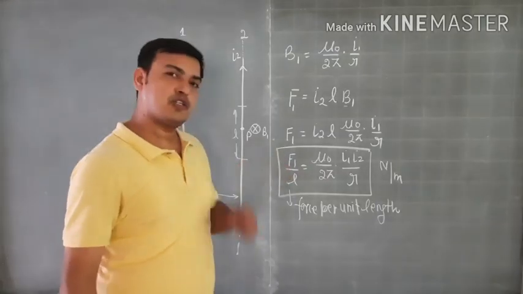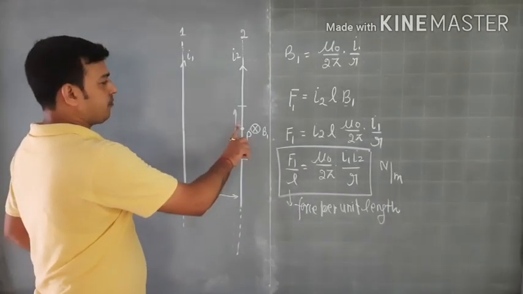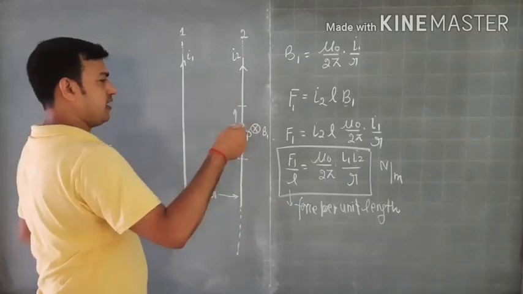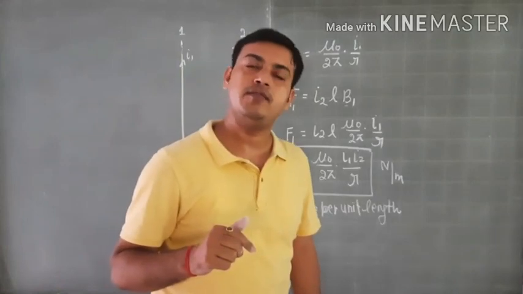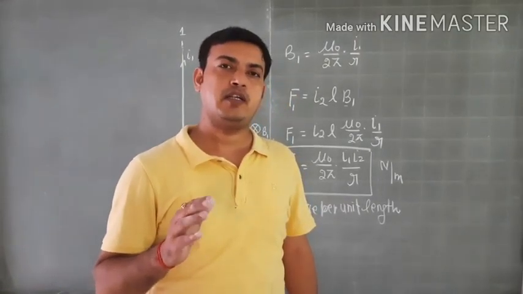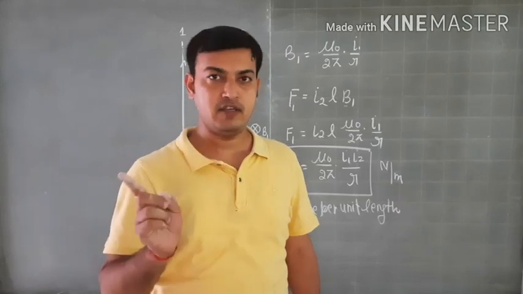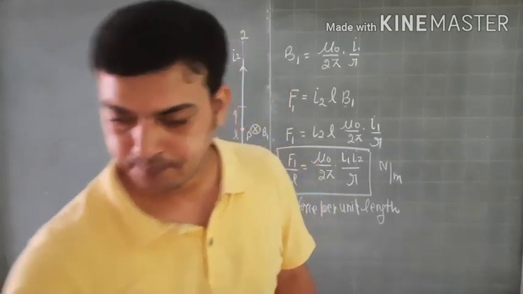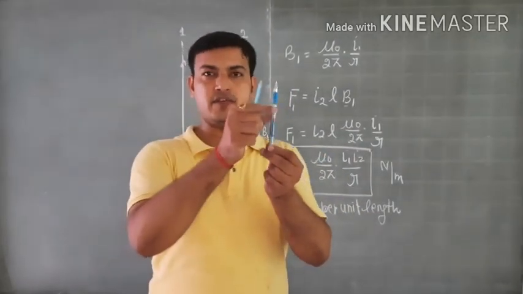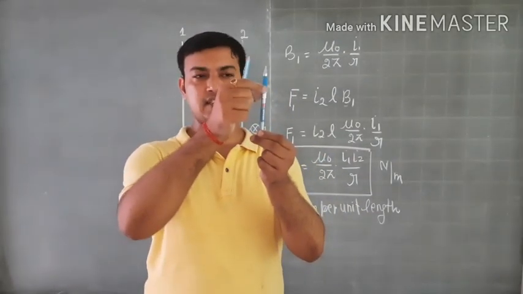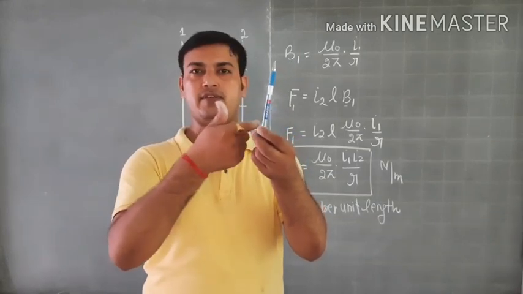Now what is the direction of this force? Just see this, the current is in the upward direction, the magnetic field is into the board. What I told you is that we have to check the directions of I, L and B, and we will move from L to B. So in this situation, this is the direction of current, so we can take this as L, and into the board is my magnetic field.